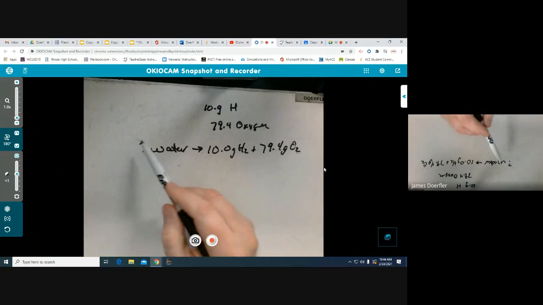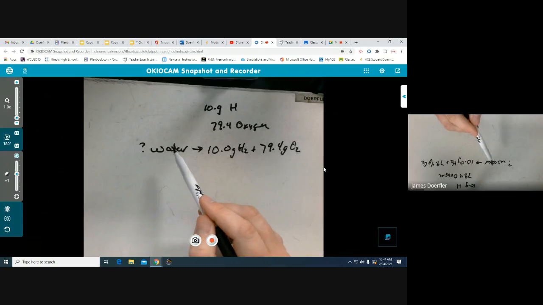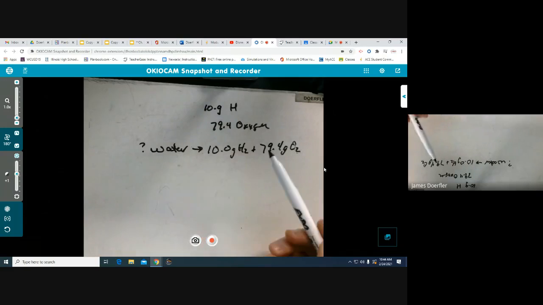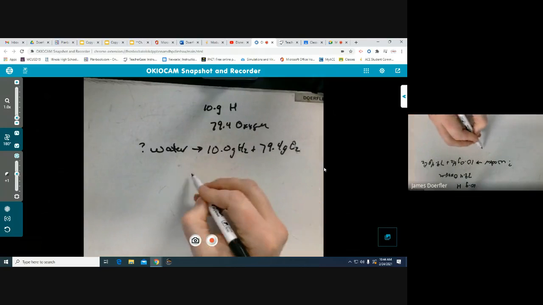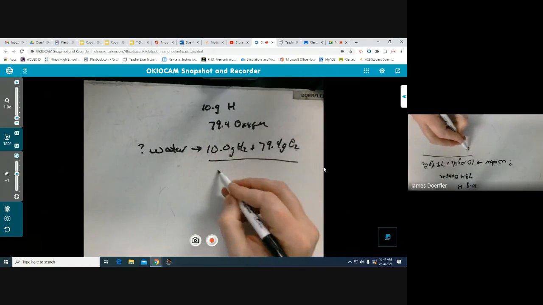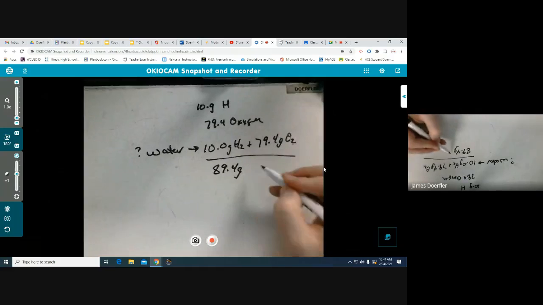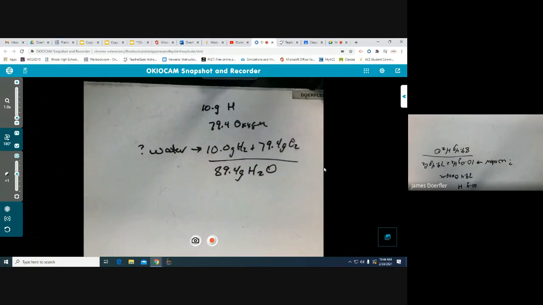What do I need to do to solve for how much water was initially present? In this case, we're just going to add 10 plus 79.4. We get 89.4 grams of H2O. Again, fairly straightforward.